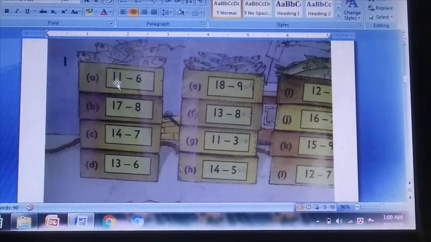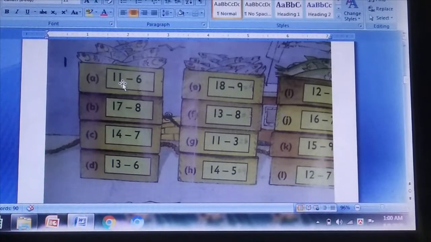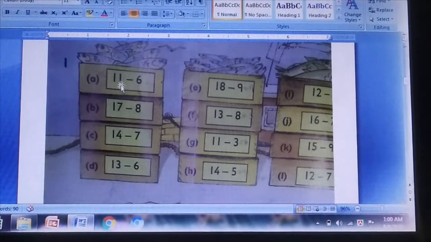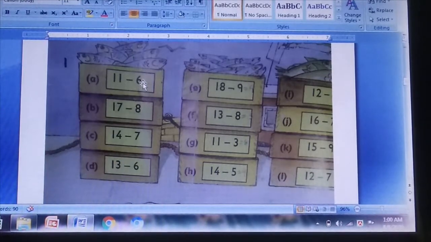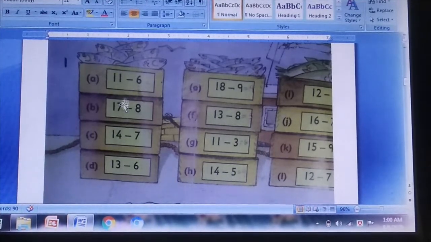Look at here. When we subtract any number, we start our subtracting from the right side, right? The upper number is 11 and the lower number is 6. In the upper number, on our right side the number is 1 and the lower side number is 6. And when we minus or subtract any number, we see the upper number.